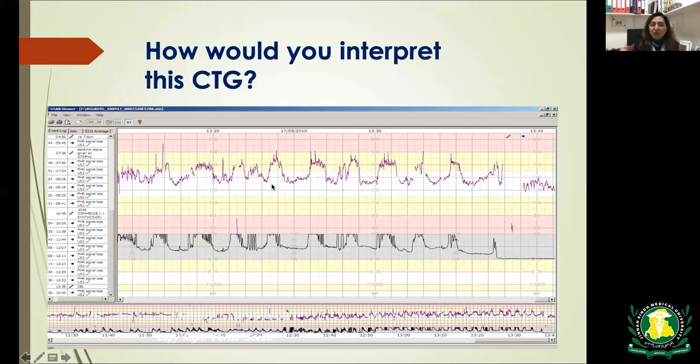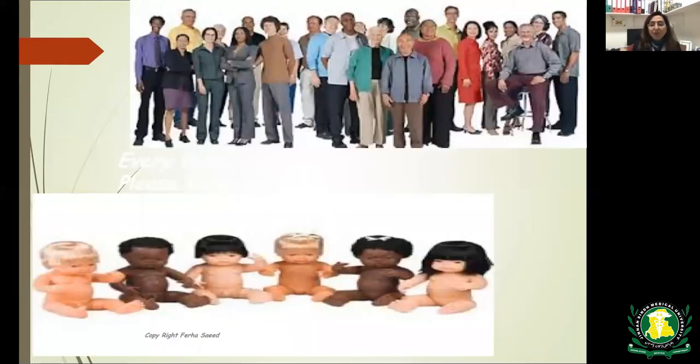So whenever you see acceleration with the contraction, you look at it with a very suspicious eye. And remember that the amplitude of the acceleration in adult pulse is quite bigger than the fetal accelerations. Fetal accelerations are short-lived.